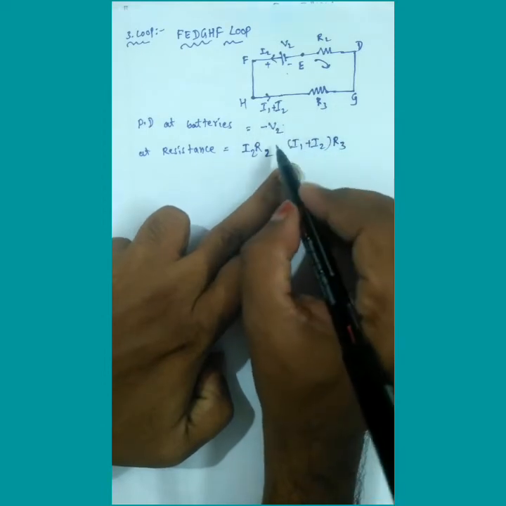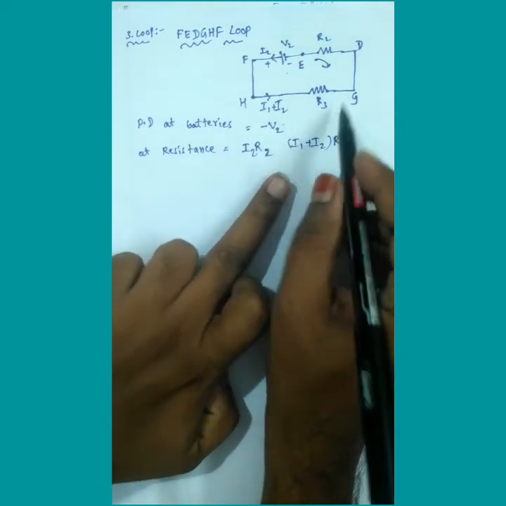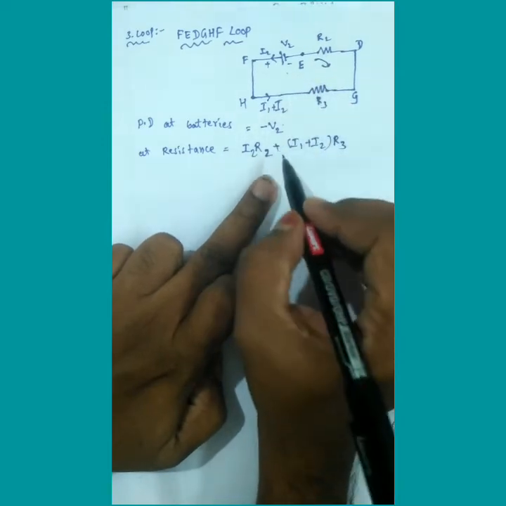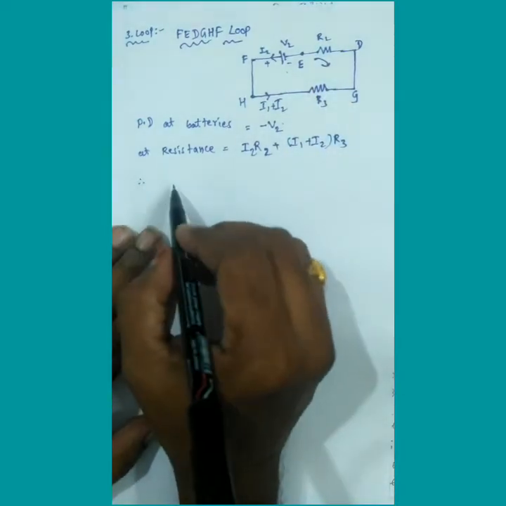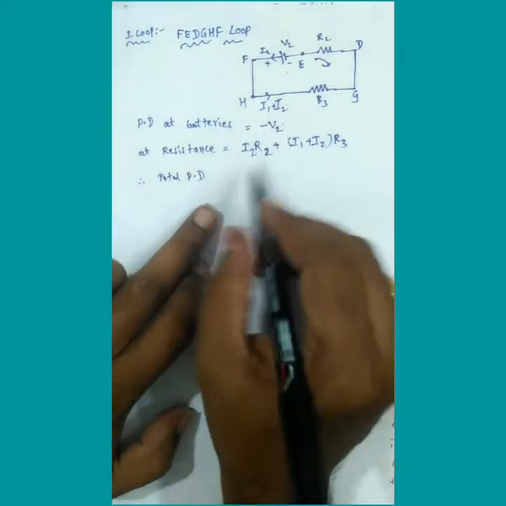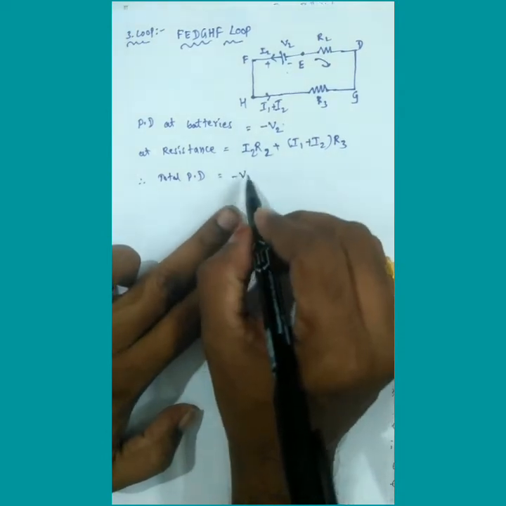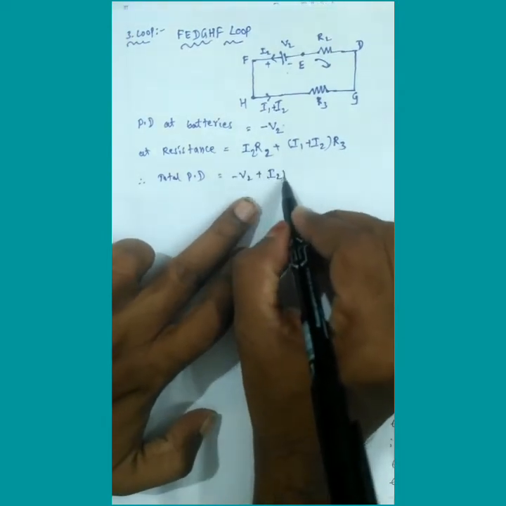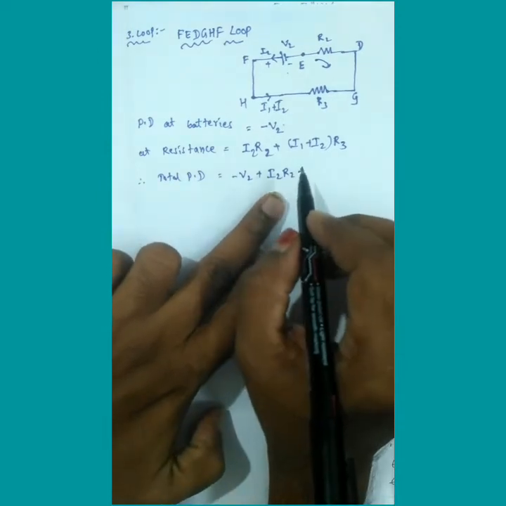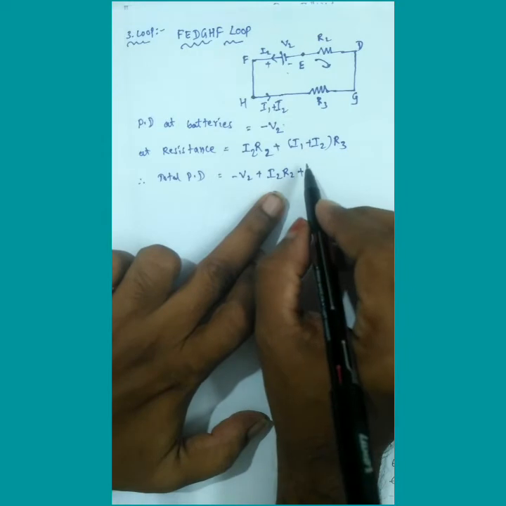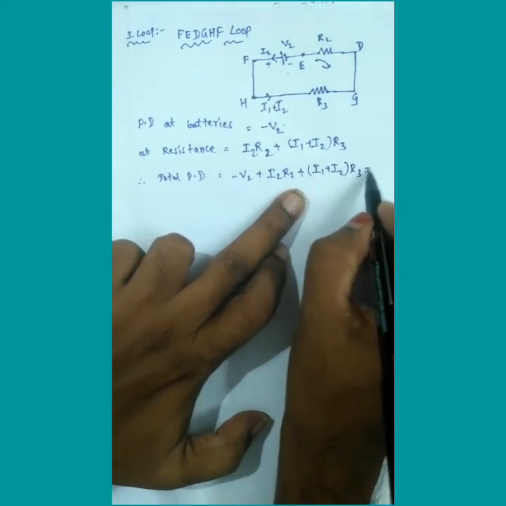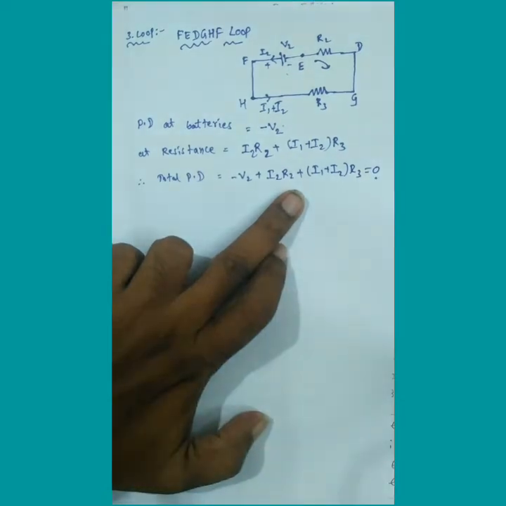It is in the same direction we are taking, so positive. Therefore the total potential difference across the loop equals minus V2 plus I2 R2 plus (I1 plus I2) into R3, which equals 0.